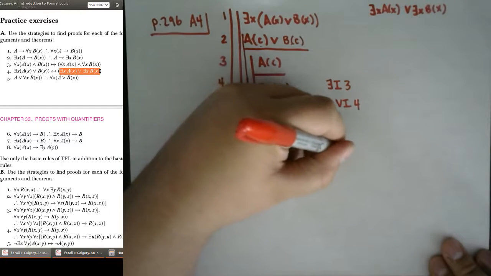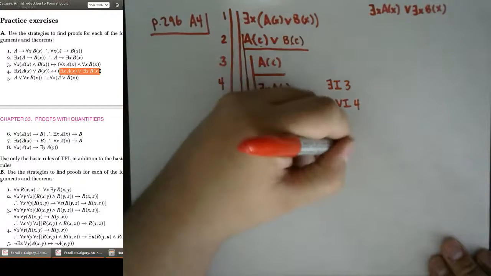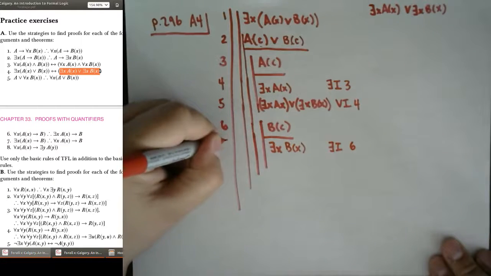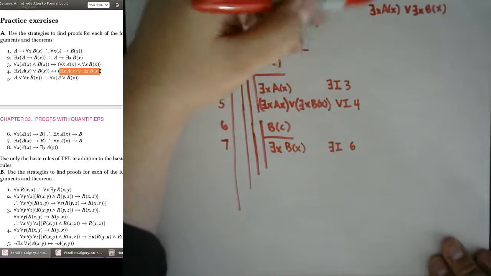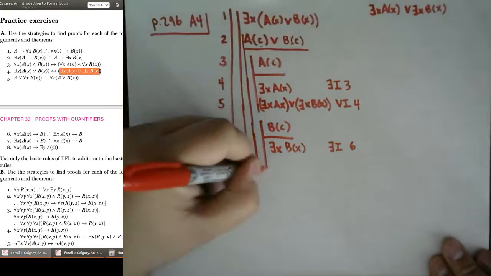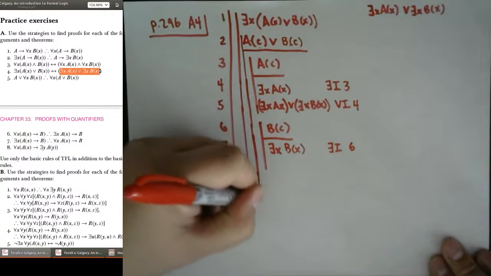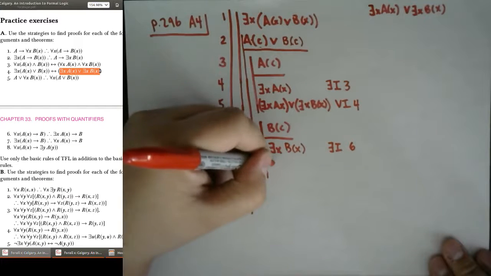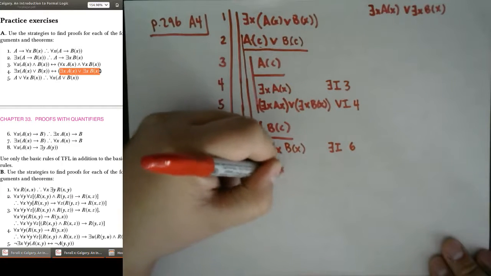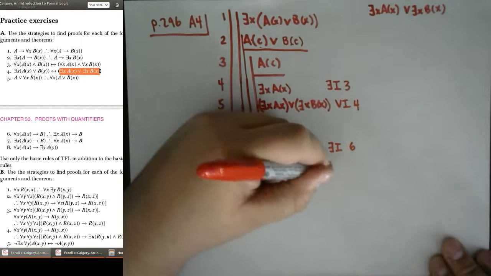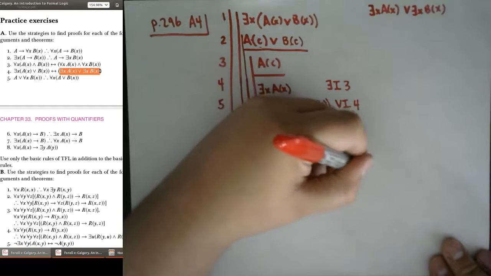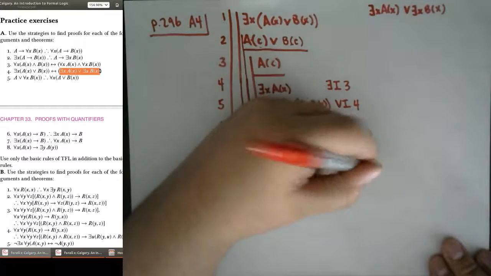There exists introduction on line 6. So that's line 7, and I can freely OR something else on the left. I don't know how much room I'm going to need, so I'm trying to be conservative with my vertical lines there. And that's OR introduction on line 7.